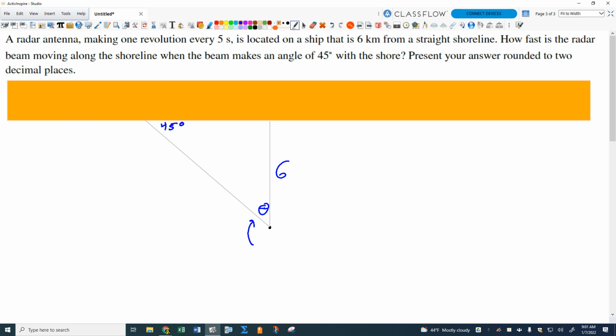Okay. So what do we know and what are we trying to find here? What other variable do we need here that I didn't put up yet? This is one that's kind of tricky. If we're trying to know how fast the radar is moving along the shoreline, what dot would that have to be?